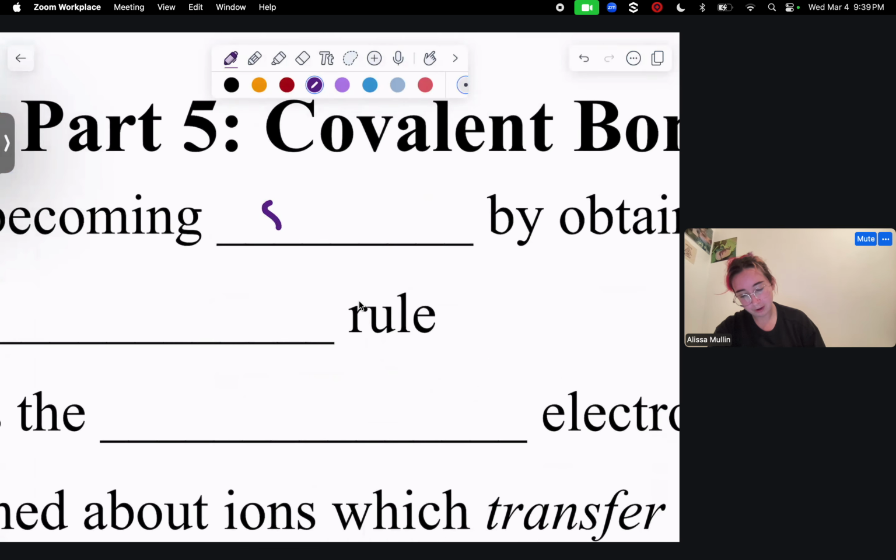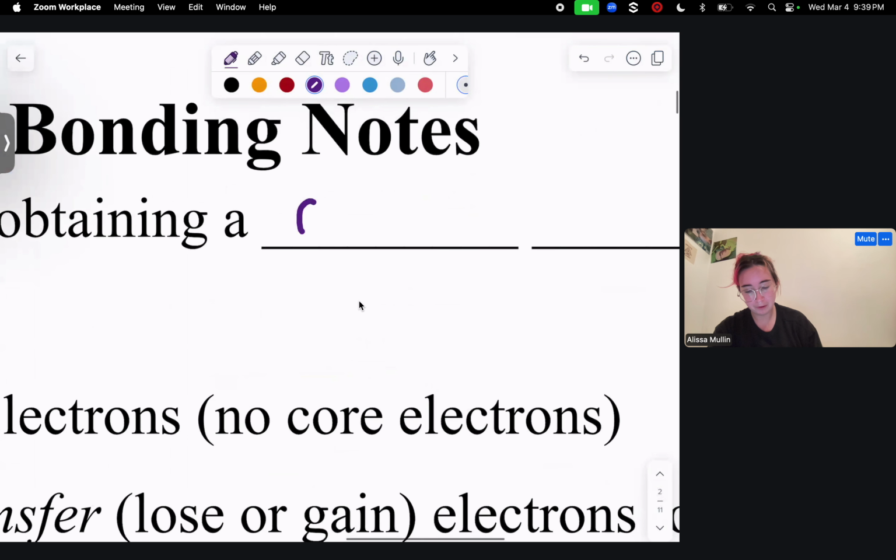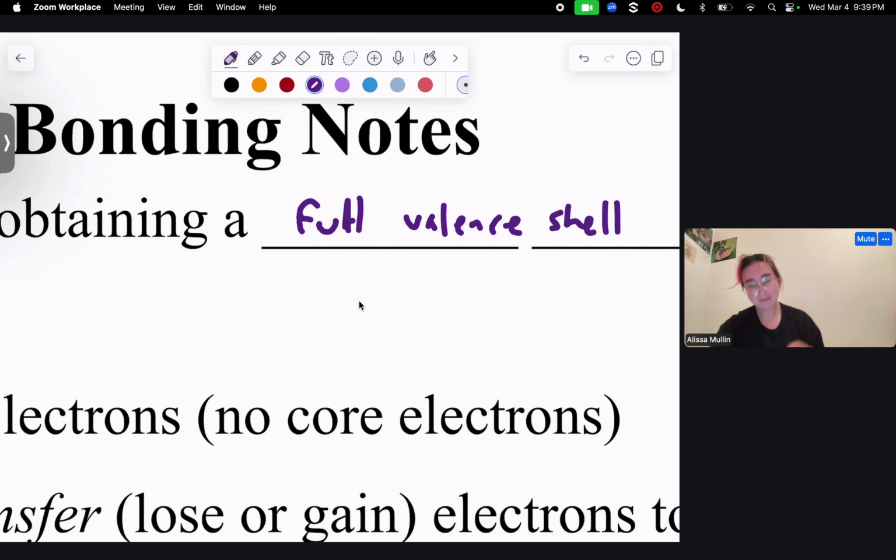We know that all of our atoms want to be stable. When we say stable, that means they want to have a full valence shell. That outside ring in our Bohr model, our most exterior electrons, are the ones we're going to be focusing on.